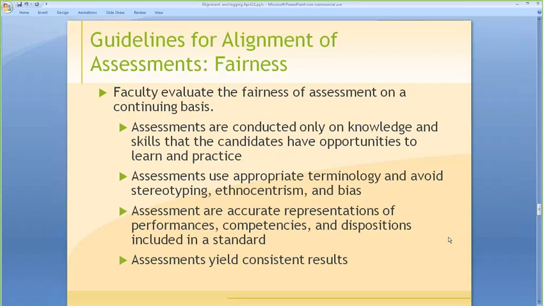You guys know this. Assessments use appropriate terminology, and certainly are going to avoid stereotyping, ethnocentrism, bias, okay? So we know to stay clear of terms like that. Assessments are accurate representations of performances, competencies, and dispositions included in a standard.